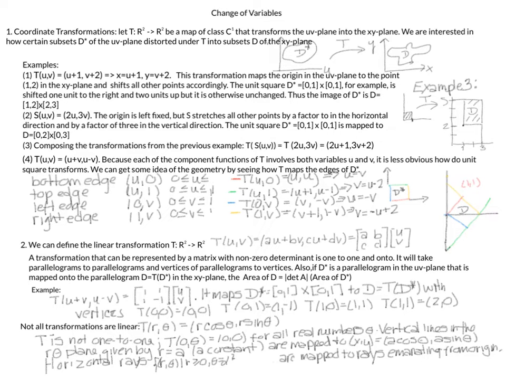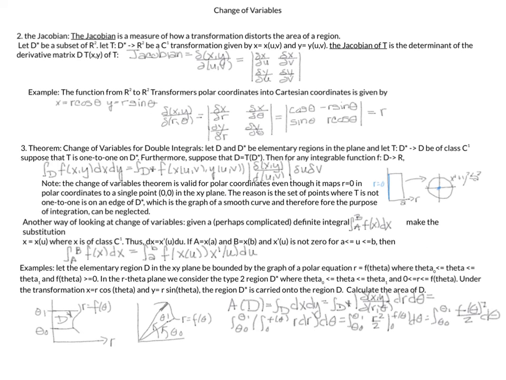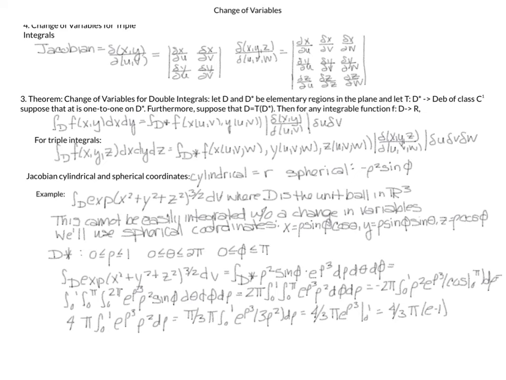So if you can choose a transformation that's linear, that's super. We also defined the Jacobian for double and triple integrals as the determinant of the derivative matrix. For polar coordinates, the Jacobian is equal to r. For cylindrical coordinates, the Jacobian is equal to r, and for spherical, it's equal to rho squared sine phi.